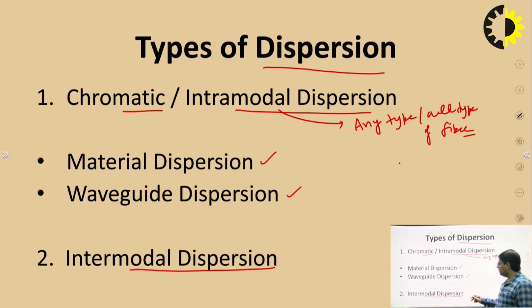Whereas intermodal dispersion, as is clear from the name, can occur only in multi-mode fiber. The presence of multiple modes is required in the case of intermodal dispersion.